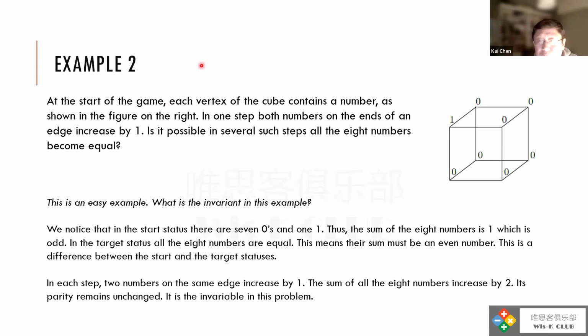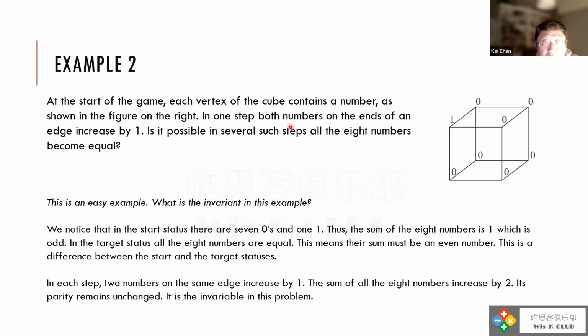Now, example 2. It's not always about numbers. Sometimes you also have geometric shapes, like a cube. In this game, we have 8 vertices in the cube, and each vertex has a number, 0 or 1, but actually we get only one 1, and all the 7 other vertices are 0. And what is the rule?